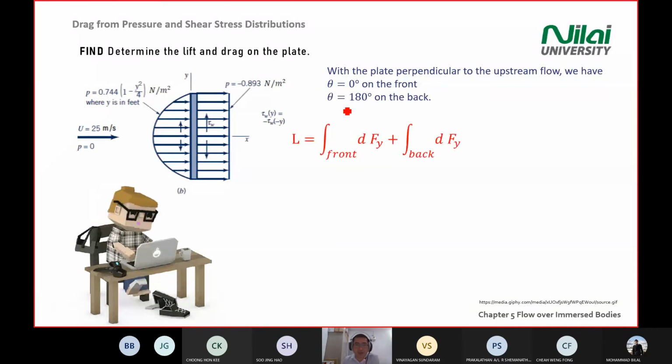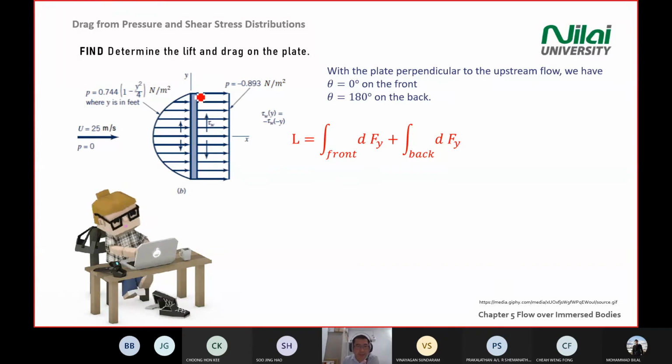So call out the lift definition again. In this case, you have two: one in the front, one in the back. It's a different scenario compared to the parallel plate just now. Now we have a plate perpendicular to the upstream, so we have a front scenario and a back scenario.